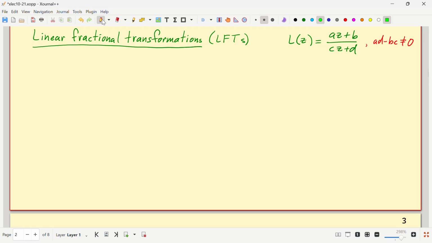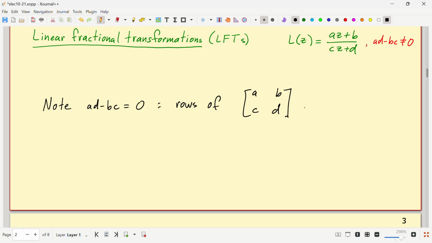And to see why that's relevant, note ad minus bc is the determinant. Zero means the rows of a, b, c, d are linearly dependent.